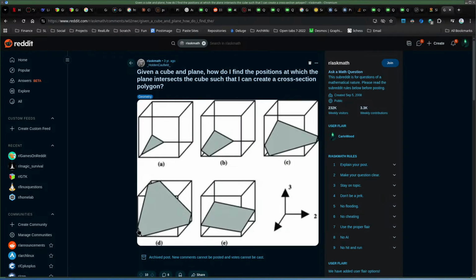If you go from one intersection point to the next, then you follow a straight line over a face. So for example, from here we go diagonally over this face here, and then the back face, and then the bottom face.